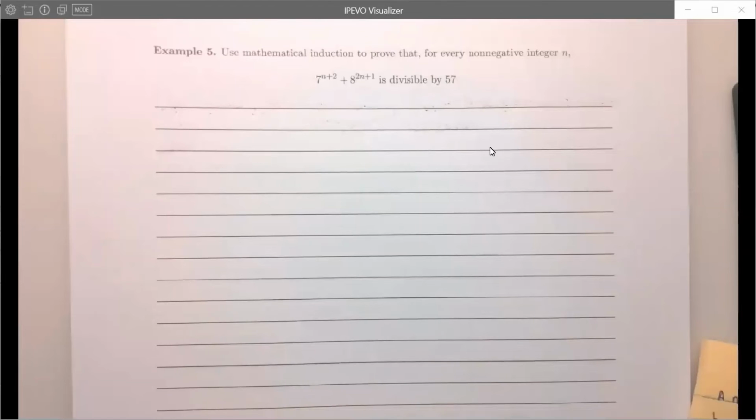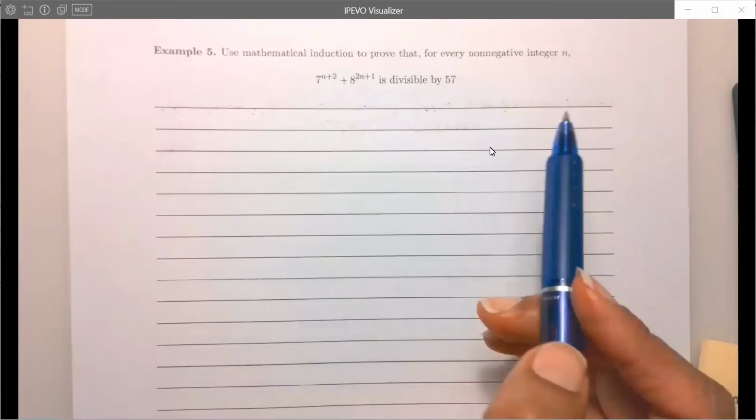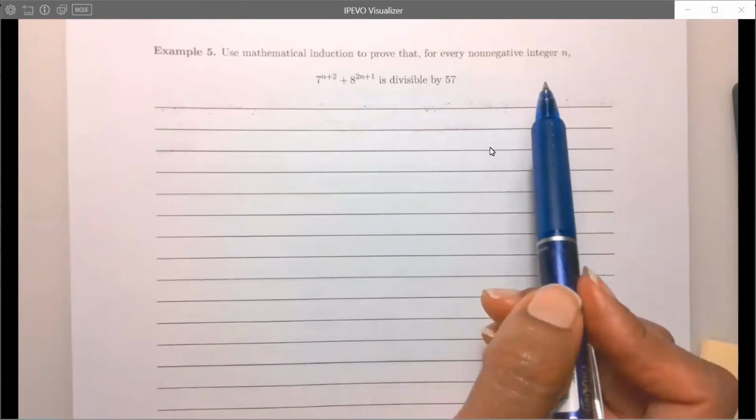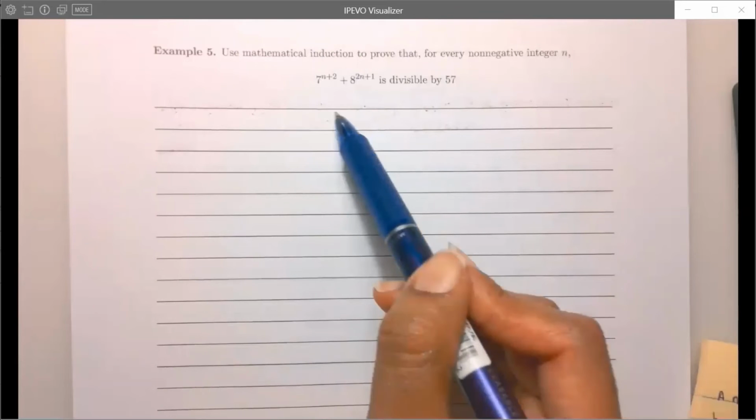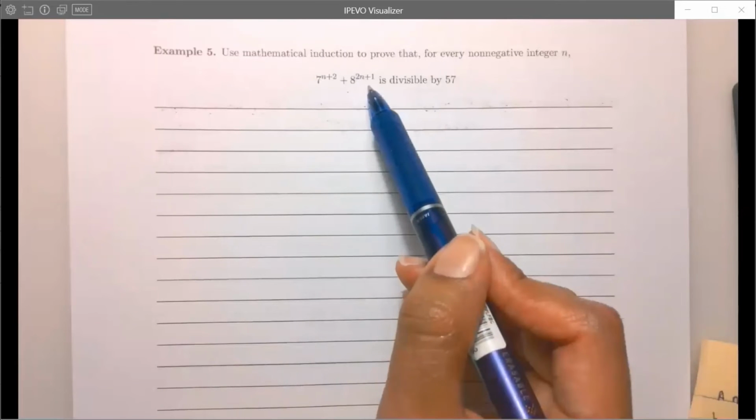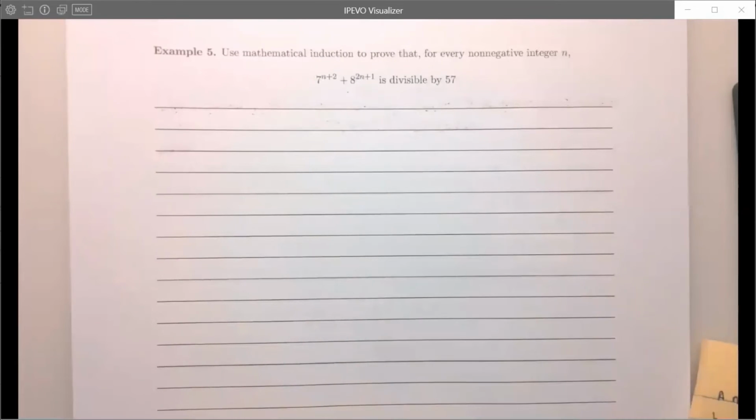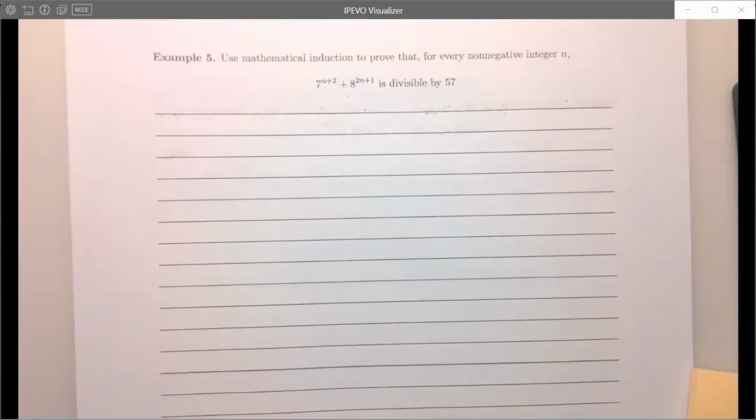Okay, so we're going to take a look at example number 5 now, which is asking us to use mathematical induction to prove that for every non-negative integer n, 7 to the n plus 2 plus 8 to the 2n plus 1 is divisible by 57. So first let's talk about what it means for a number to be divisible by 57.